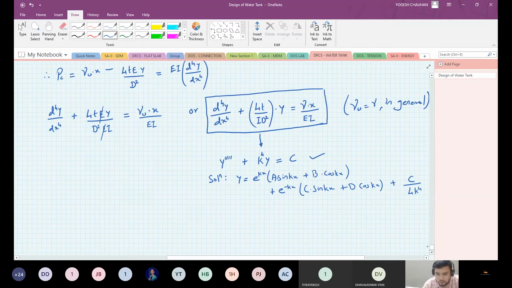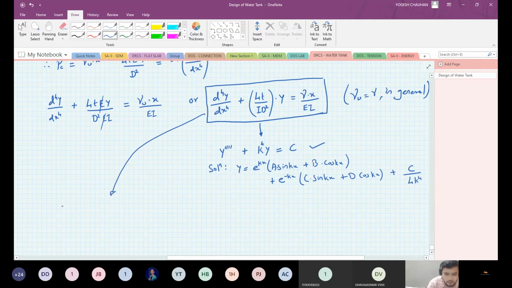So let us take 4t by I d square equals k to the power 4. If you take this, then this expression is analogous to this standard differential equation, and we can have the solution in this form.